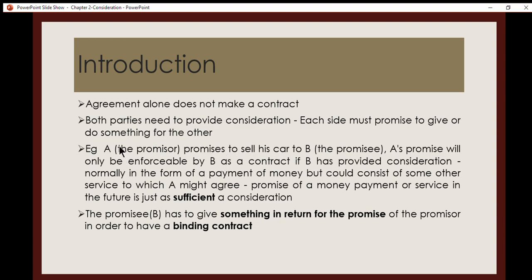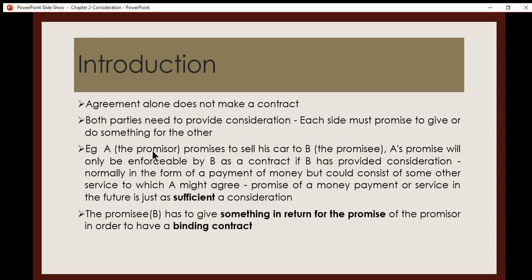So it depends on A's consideration. For example, that can also be a promise of a money payment or service in the future, and it can be regarded as a sufficient consideration.